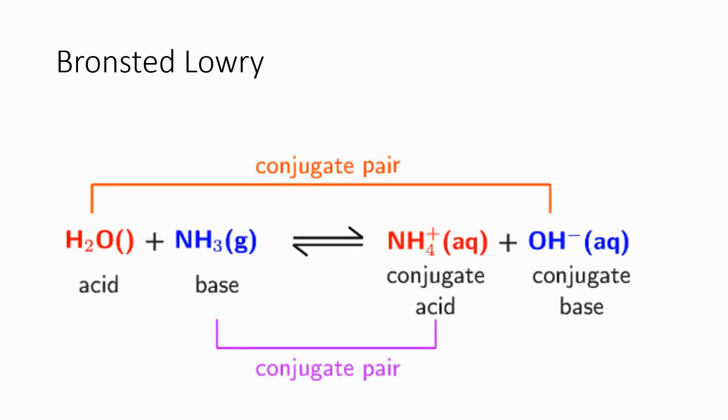So when we have a situation like this, we have what we call a conjugate pair. And the conjugate pair are similar to each other because of the H. So here is water, and water has an H, an O, and another H. And in the process of going to OH minus, it loses one of those H's.